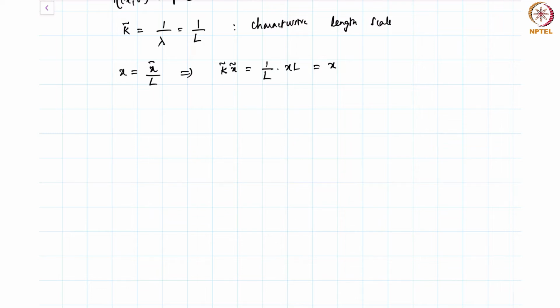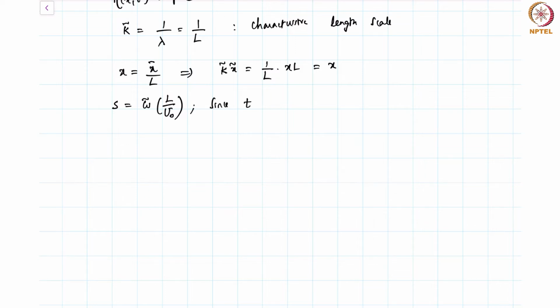Okay. Similarly, we can define a non-dimensional complex frequency as omega tilde multiplied by L by u naught.